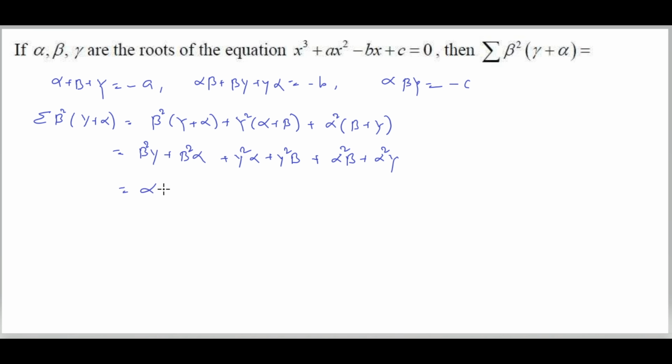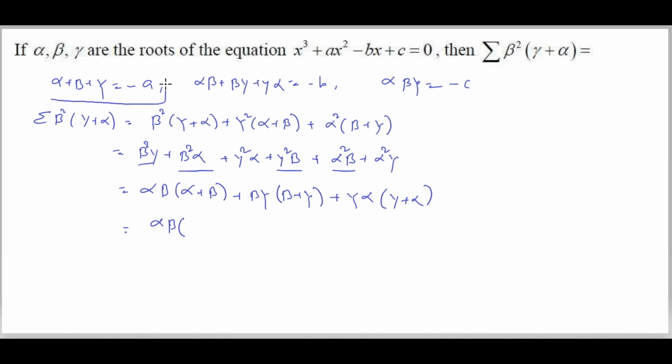Now we take alpha beta common from these two, that is alpha plus beta. Next take beta gamma common, that is beta plus gamma, and lastly gamma alpha common, that is gamma plus alpha. That is equal to alpha beta into alpha plus beta.